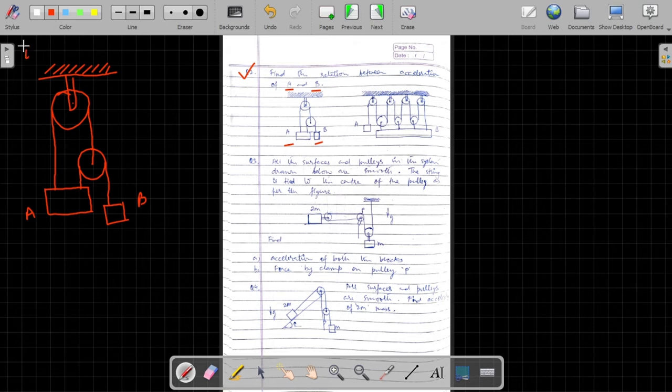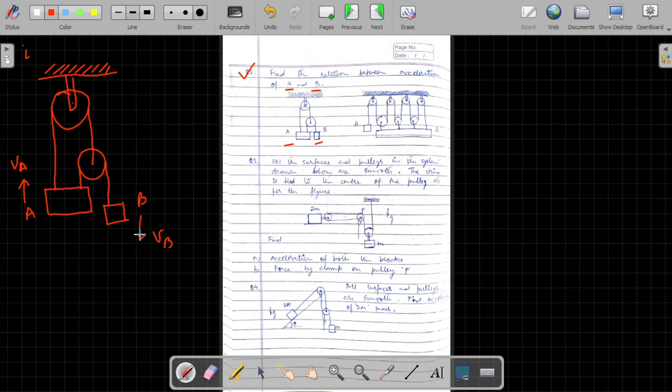So let us say this is problem number 1, and we have two blocks A and B. Let's say the velocity of block A is in the upward direction, some VA, and the velocity of block B is in the downward direction, some value VB.